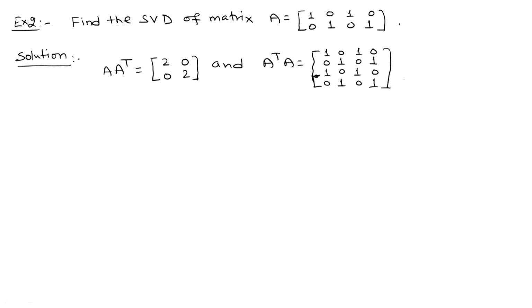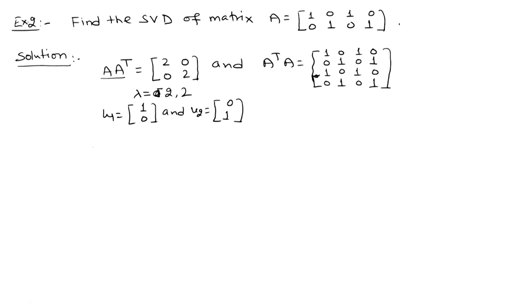Now, let us first find U, for which I have to use A into A transpose. So, the eigenvalues of A into A transpose will become 2 and 2, and the eigenvectors will become u1 equals 1 0 and u2 equals 0 1.